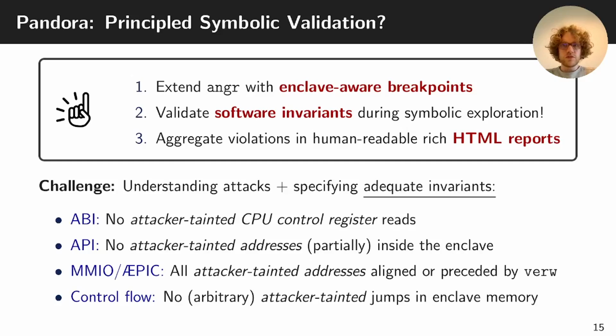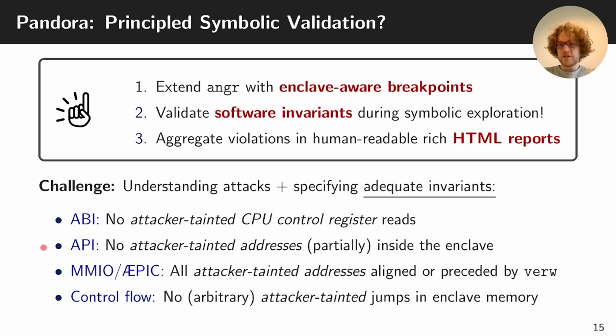Just to give you an idea, the key question, of course, is what are the invariants? How can you do this in a principled way? What we found for the ABI, so for the level of CPU registers, is that all control registers should not be tainted by attackers when they are being read. So that's more principled than a block list or an allow list.